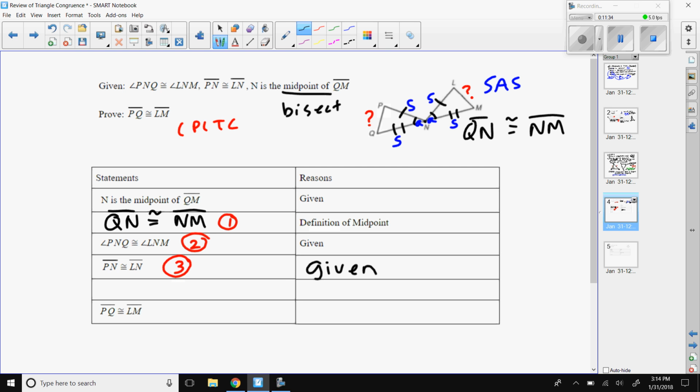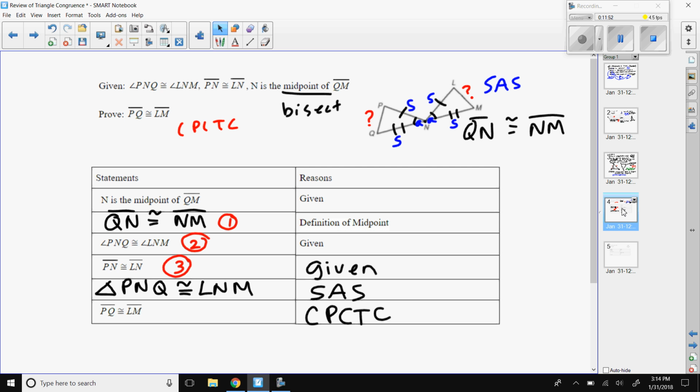And now I just want to state my triangles being congruent. PNQ congruent to LNM, and this was by side, angle, side, and then CPCTC to end off to have the other two side lengths congruent. Okay, so the proofs are getting a little smaller and hopefully a little easier for us to deal with.